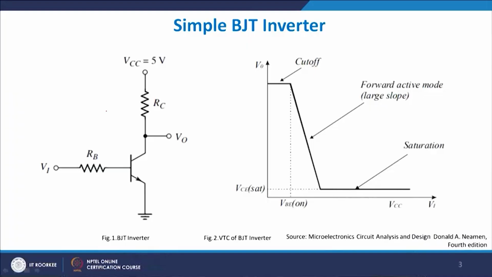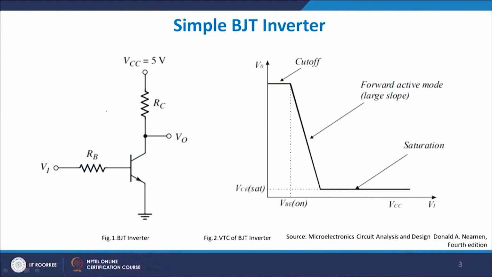That will take care of approximately the major understanding of BJT, and knowing this you can approach BJT from an analog point of view when you use it as an amplifier, and also from a digital point of view when you use it as an inverter. That is the logic for having the bipolar transistor as the first part of this new lecture series on NPTEL.